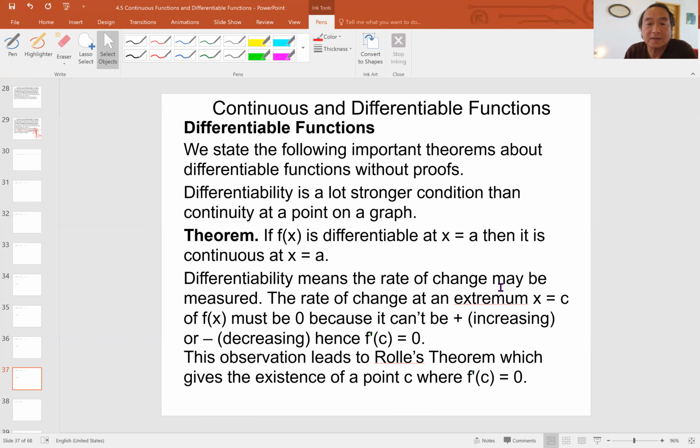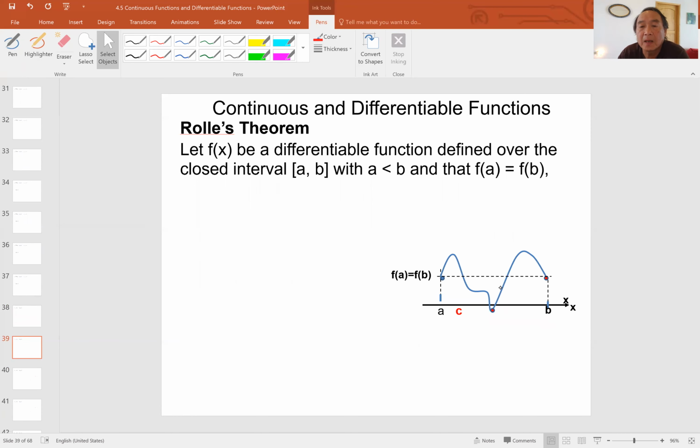This gives us Rolle's theorem, which states this. Suppose I have a differentiable function defined on the closed interval a b, and the two endpoints have the same value, like this curve.